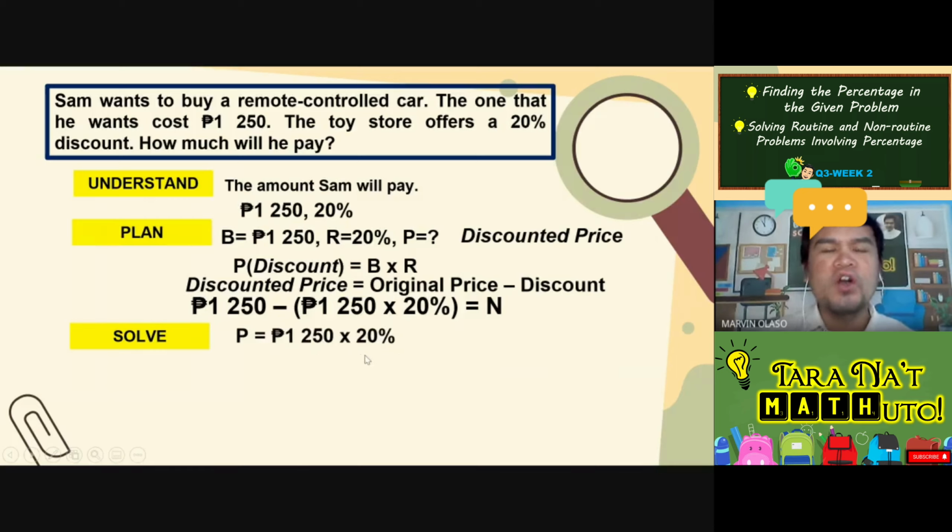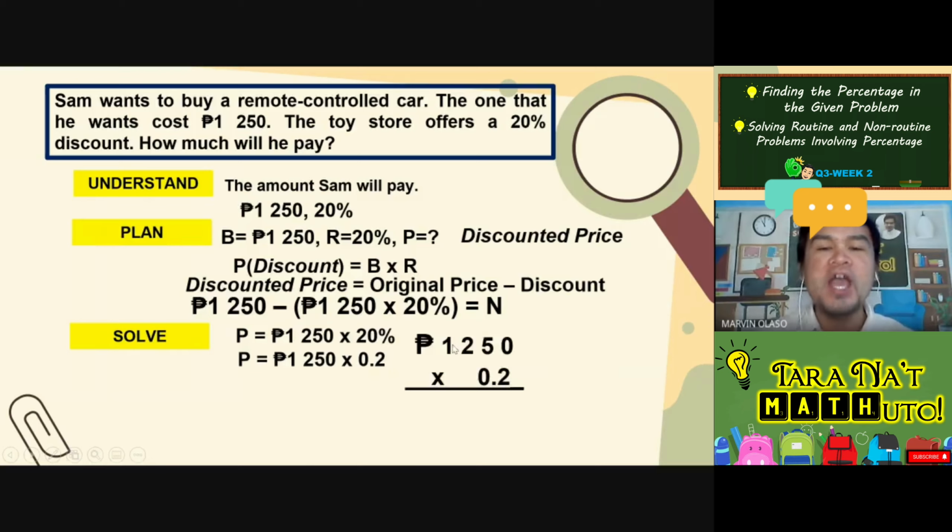Let us get the discount first by multiplying 1,250 pesos times 20%. Let us change 20% to a decimal. Don't forget that. So 20% is equal to 0.20 or 0.2. Let's multiply 1,250 pesos times 0.2.